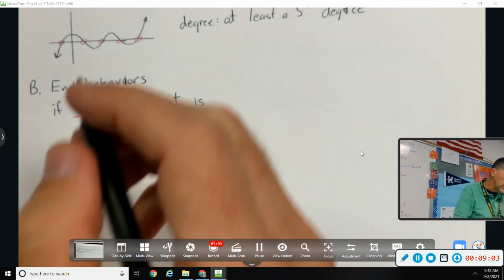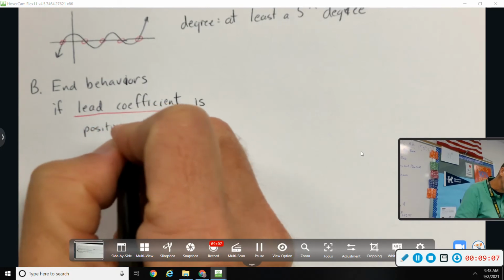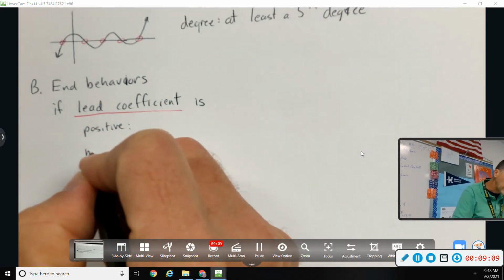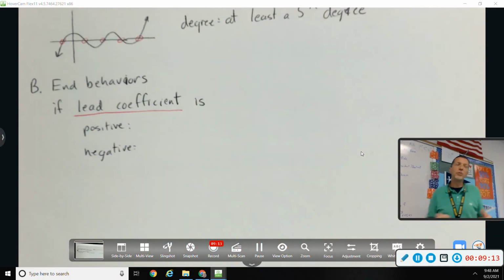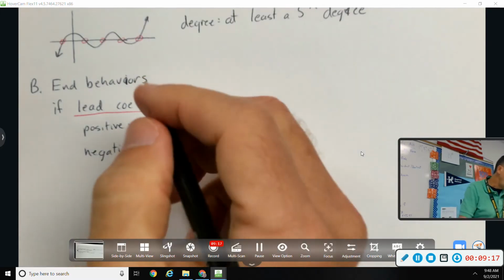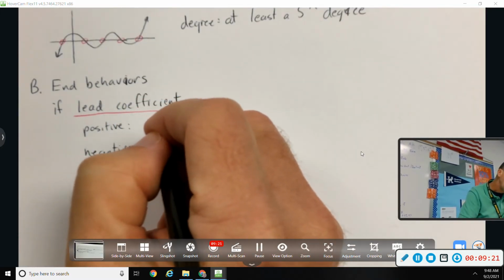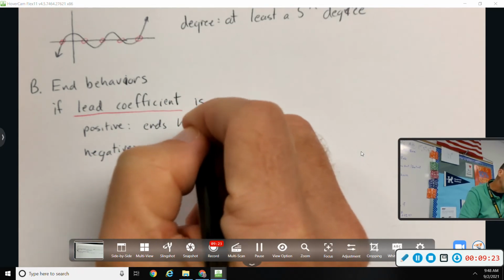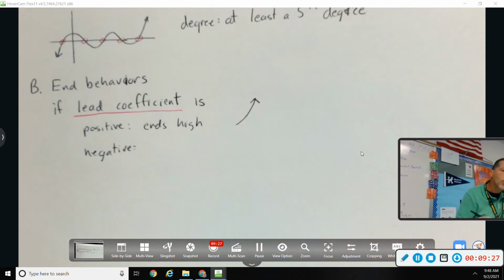So if the lead coefficient is positive versus negative, that's our first test about end behavior. So it's really easy to look and see if it's positive or negative. What that means is, if it's positive, that means it ends high, meaning that whatever else goes on with this graph, it ends going up.